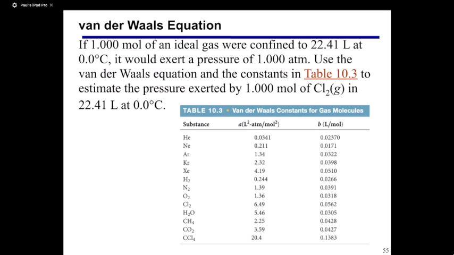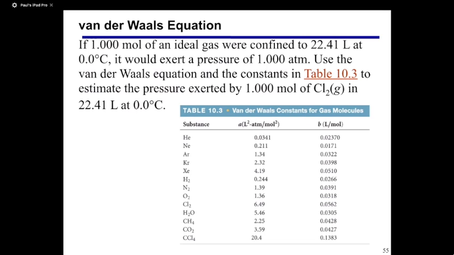If 1 mole of an ideal gas were confined at 22.41 liters at 0 degrees, it would be expected to exert 1 atmosphere of pressure. But if you change this for chlorine, it changes it just slightly off. The colder it gets and the smaller volume you have, the deviations become larger.